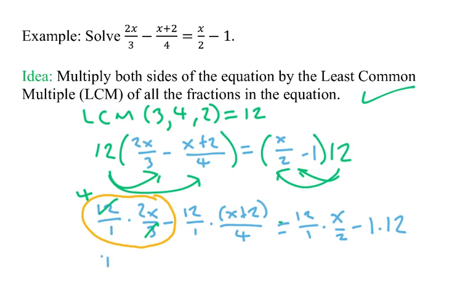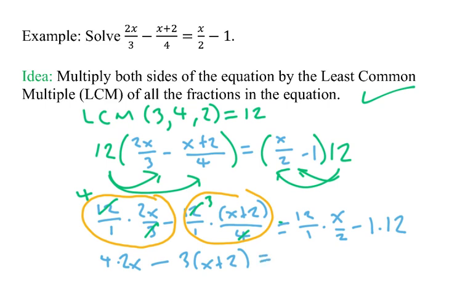4 times 2x over 1, so don't worry about the 1, minus, and then in the second grouping, the 4 divides into the 12 3 times, and we have 3 times x plus 2, and all over 1, but we don't have to write the over 1.